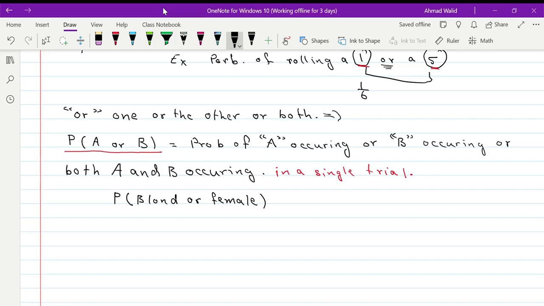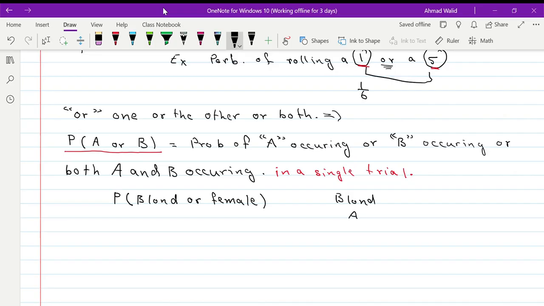For example, in your class, how many students are blonde and also female? You see, two events at the same time can occur. Someone, a female, one of my students, can be blonde, which is event A, correct?